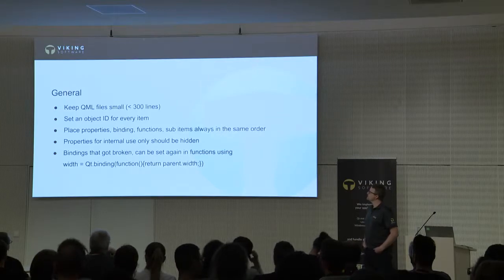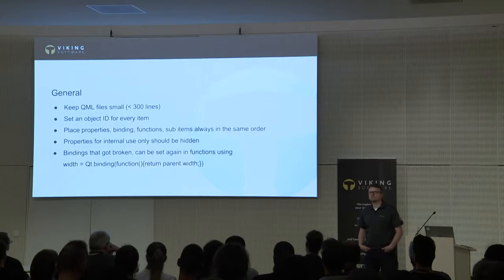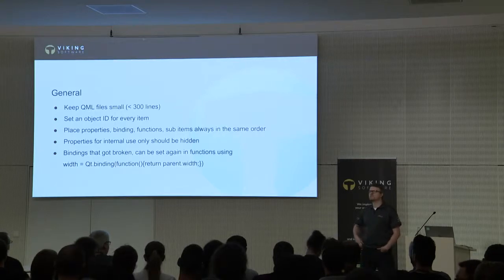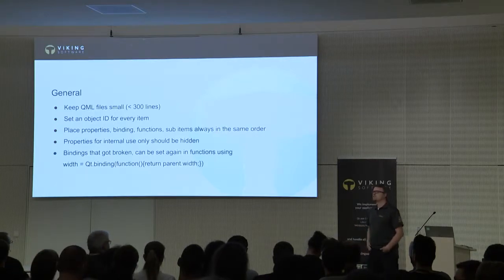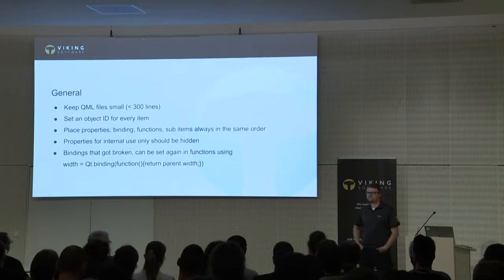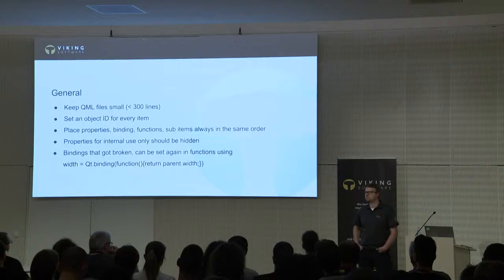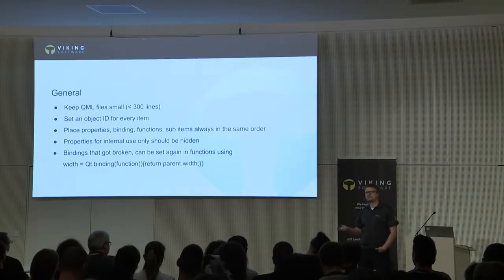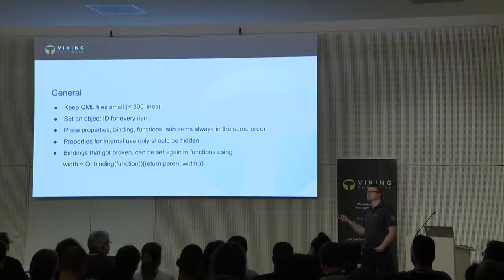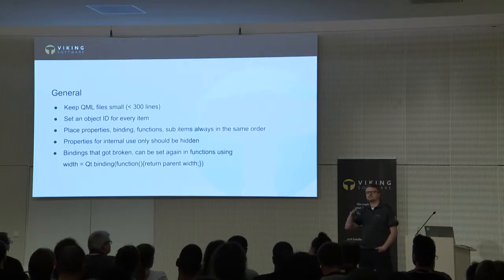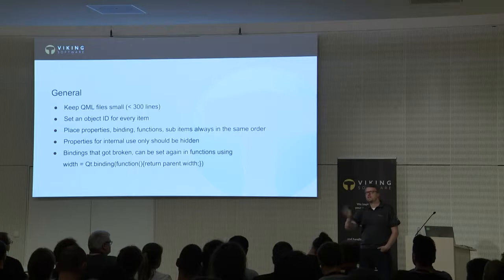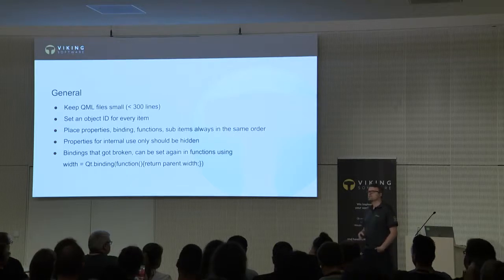The second one is the ID. Every object can have an ID. Usually you use it to reference the object, but I set it for every item, simply because it serves as documentation. For example, you have a mouse area whose purpose is to prevent all the clicks and touches from going through to other items.